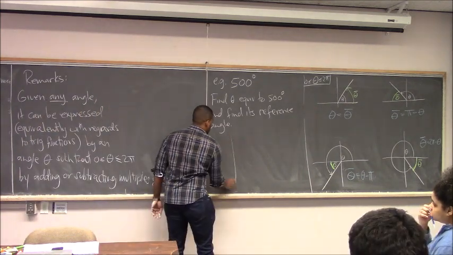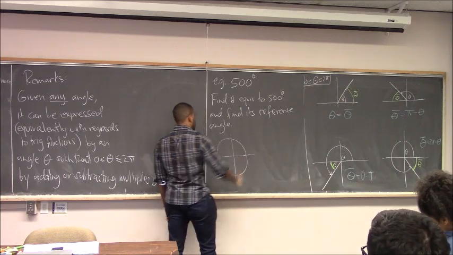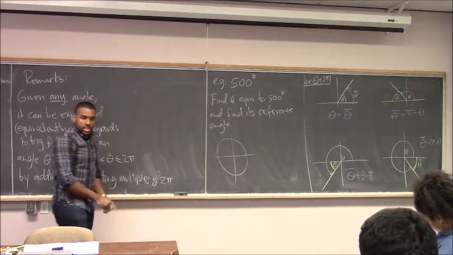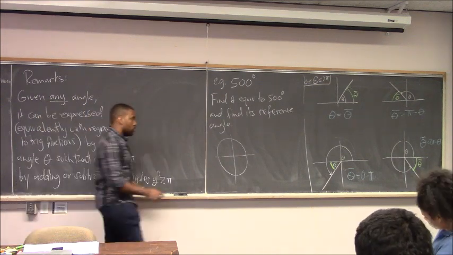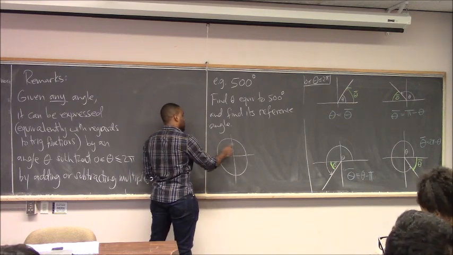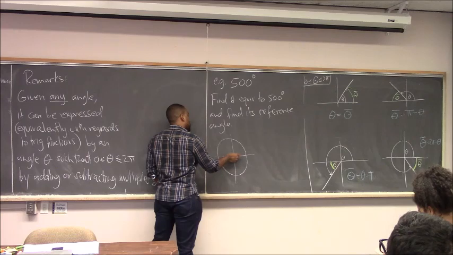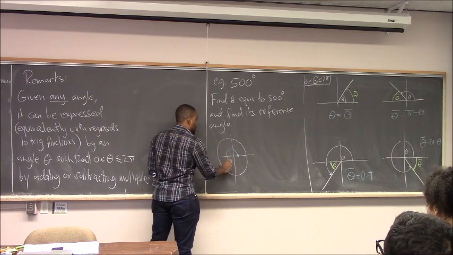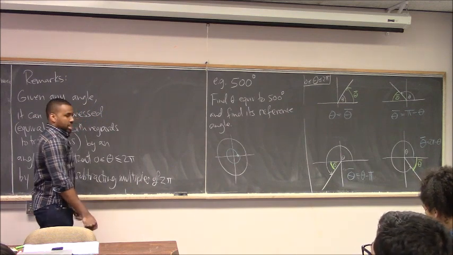So have your unit circle. Now a full circle has how many degrees in it? 360, right? Each quarter has 90 degrees, and this whole thing is 180. So you can start here and start measuring your angle going all the way around, and that's 360. Now how much farther do you need to go?